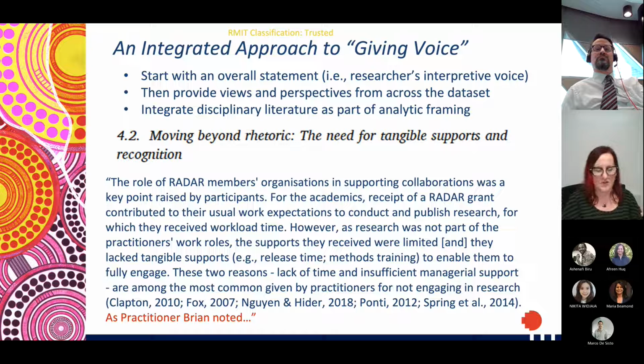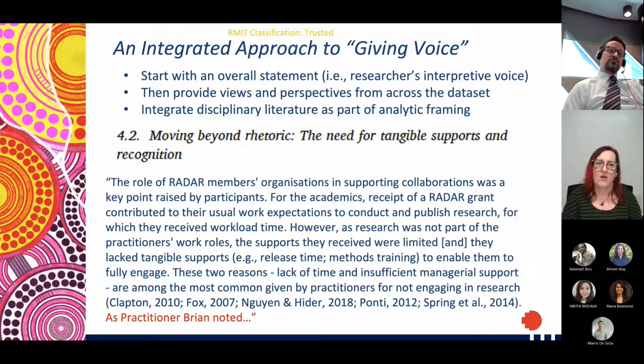This project was looking at practitioners and academics coming together on collaborative research projects. In this particular theme, I'm talking about the way that practitioners need support from their employers to help them to do the work of doing research.